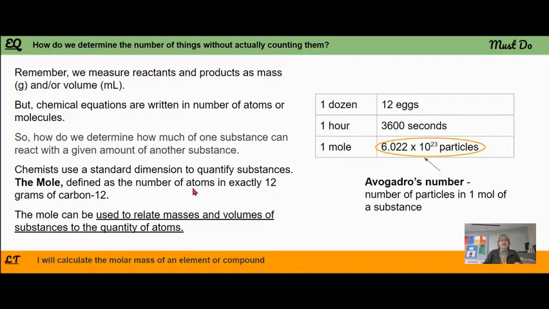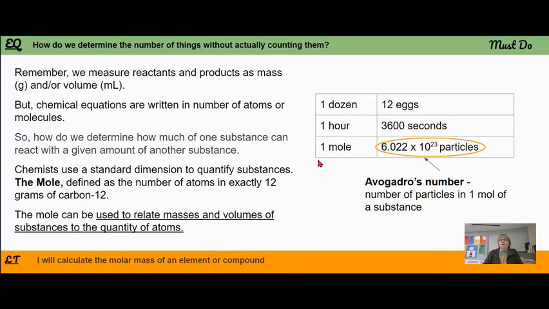So how many atoms of carbon are there in exactly 12 grams of that? The definition ends up with 6.022 times 10 to the 23rd atoms, or particles. So 1 mole is 6.022 times 10 to the 23rd particles. We call this Avogadro's number. It's the number of particles in 1 mole of a substance.